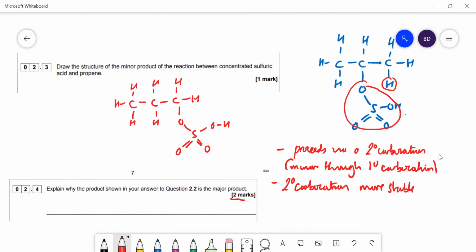Why is it more stable? Well, we probably don't need to say that, it's only 2 marks, but you need to say because the positive carbon is attached to 2 alkyl groups, and alkyl groups have a slight tendency to release negative charge, and that is going to reduce the intensity of the positive charge on the carbocation.